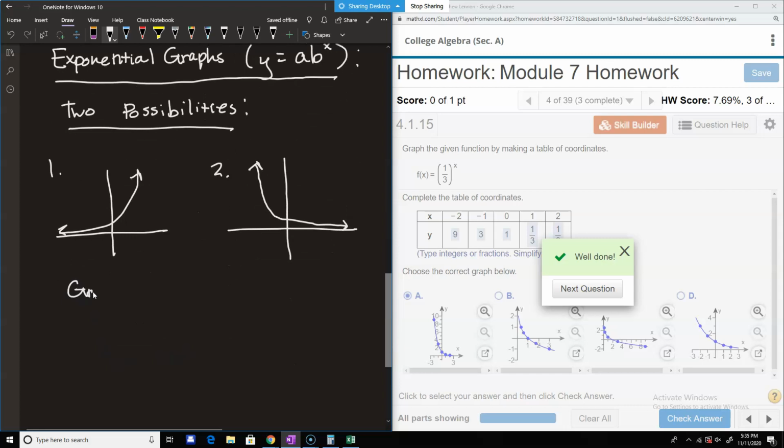So this is growth. This happens when b is greater than 1. And this is decay. This happens when b is between 0 and 1. Remember, b has to be positive and not equal to 1. So those are all the possible values of b.